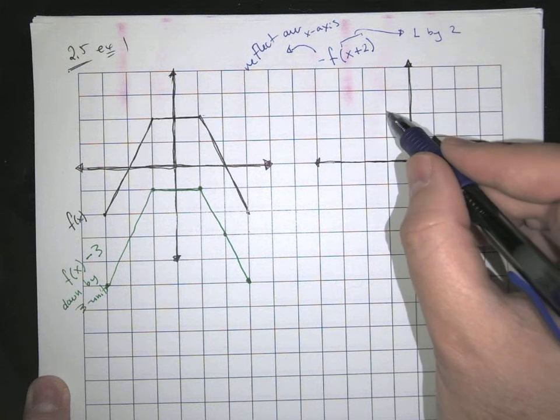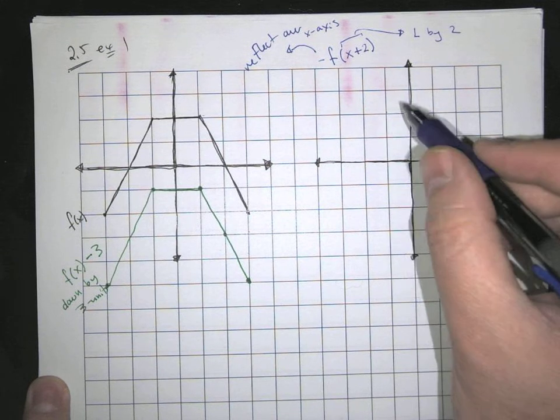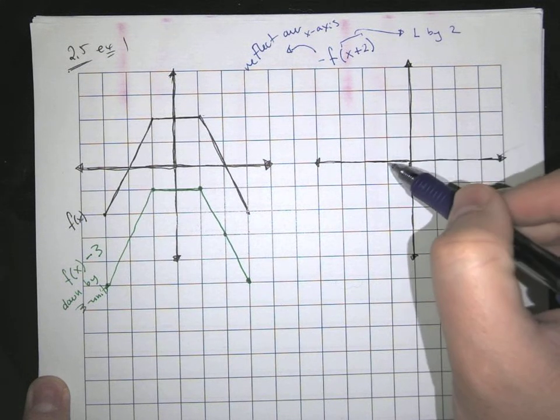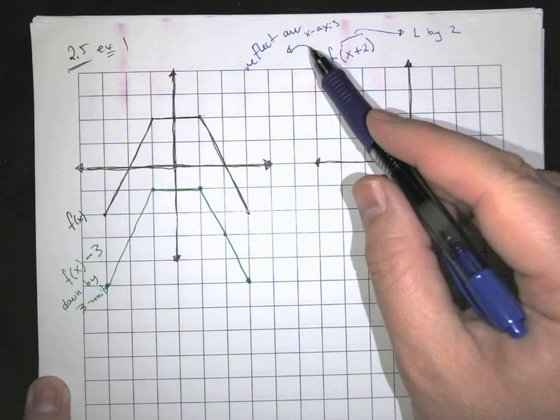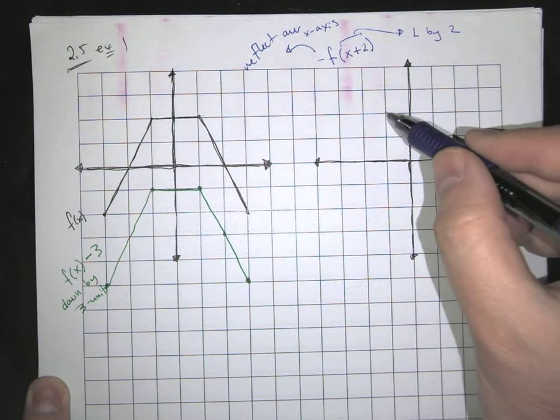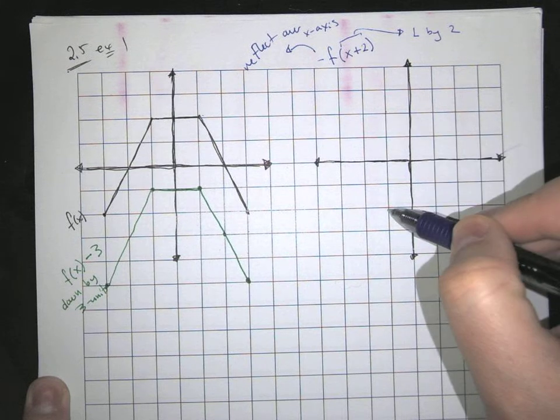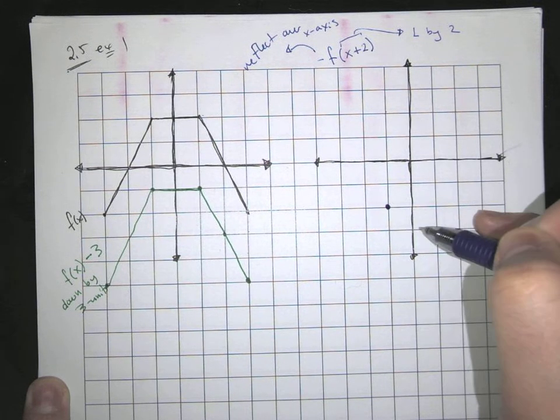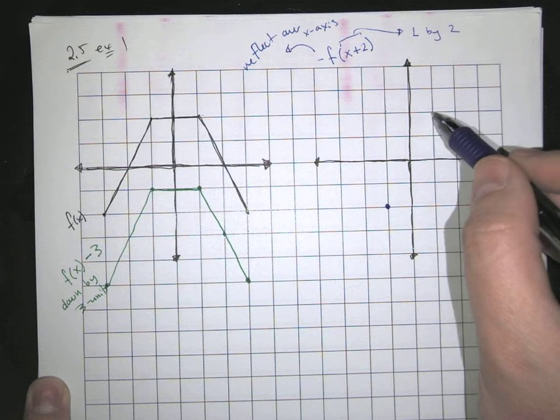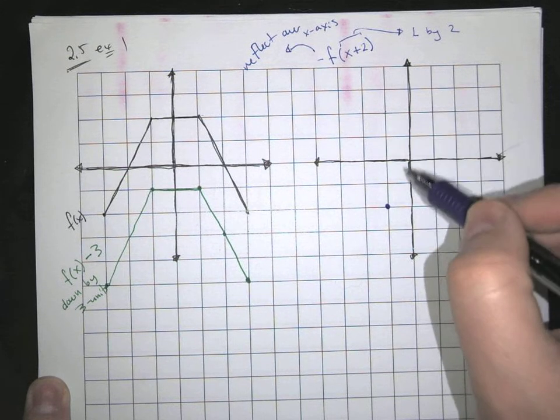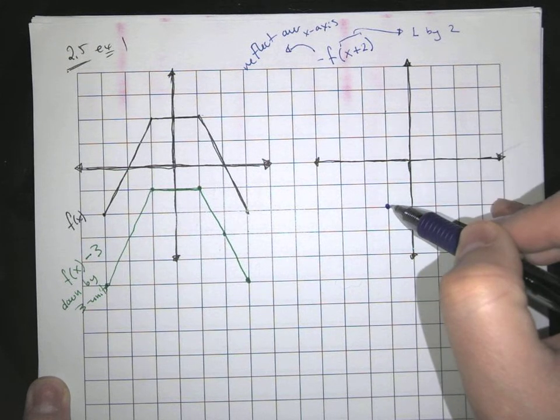So 1, 2 to the left would place me here. So this is x is -1, the y is 2. And then I'm going to reflect that over the x axis. So I'm going to flip it down to here. Our x value used to be here, it goes 2 to the left, and then it flips down to this -2 instead.